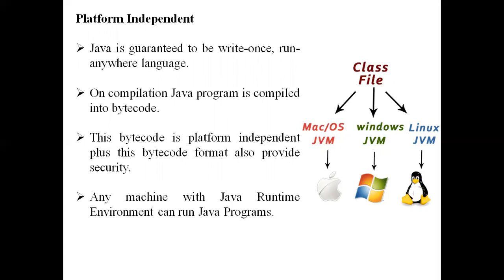That bytecode can be run on any operating system. Why? Because they have the Java virtual machine available, so it can run on Mac, Windows, or Linux. So for that reason, we call Java platform independent.